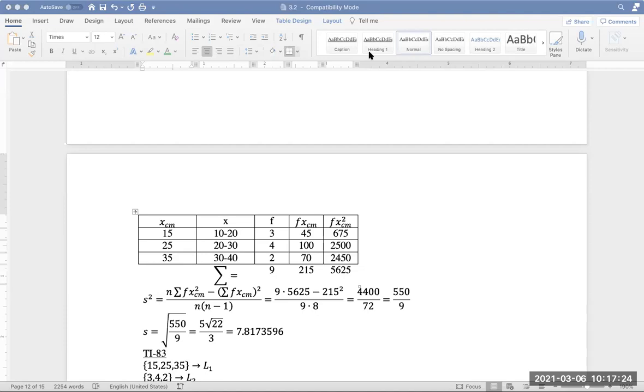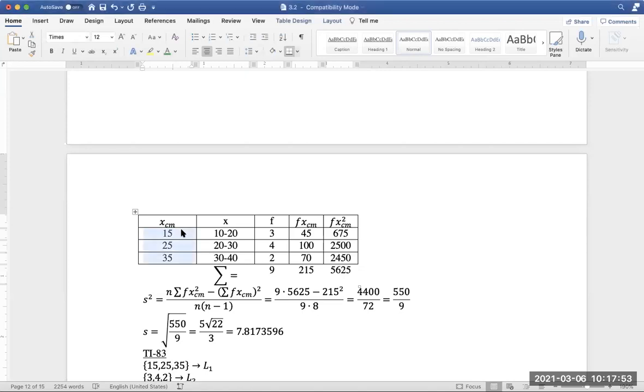So 10 plus 20 is 30, divided by 2 is 15. 20 plus 30 is 50, divided by 2 is 25. 30 plus 40 is 70, divided by 2 is 35.